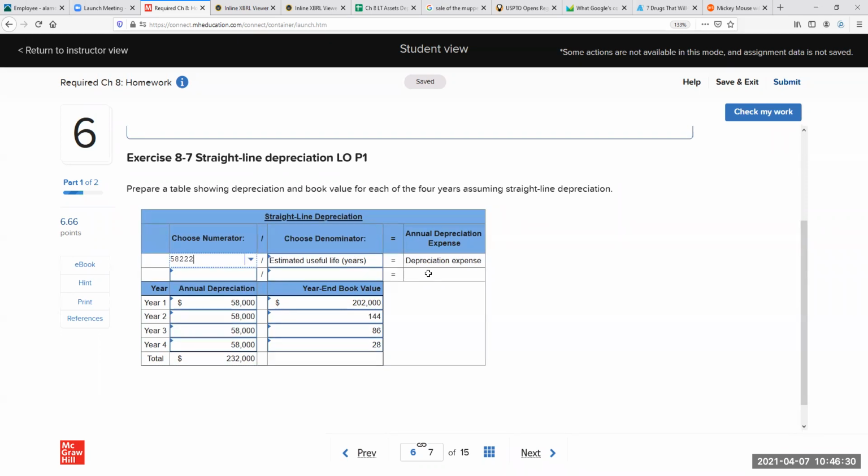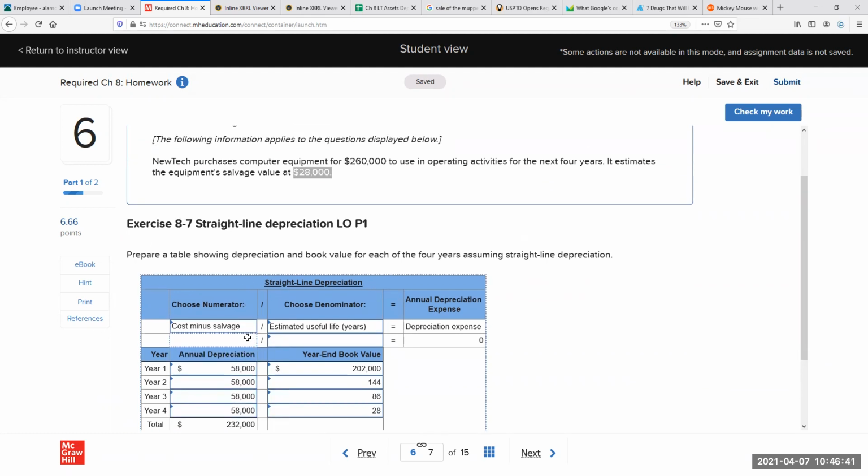They don't give it here. What do we put here? Choose the numerator. Cost minus salvage, so in our case it's 232. Useful life 4. I guess I didn't see this. I'm going to put 4. All right, no, 2, I'm sorry, 232.